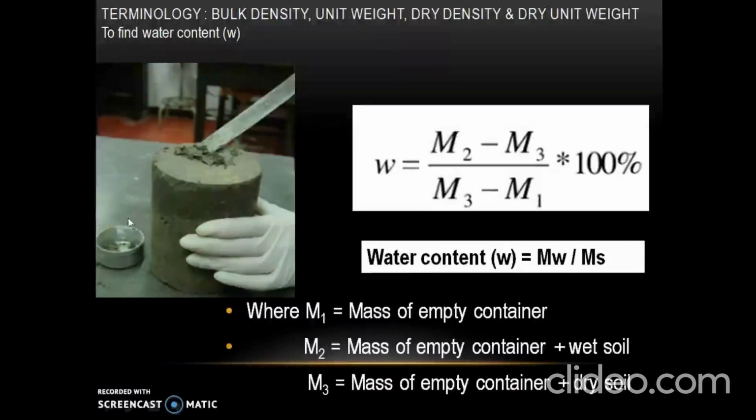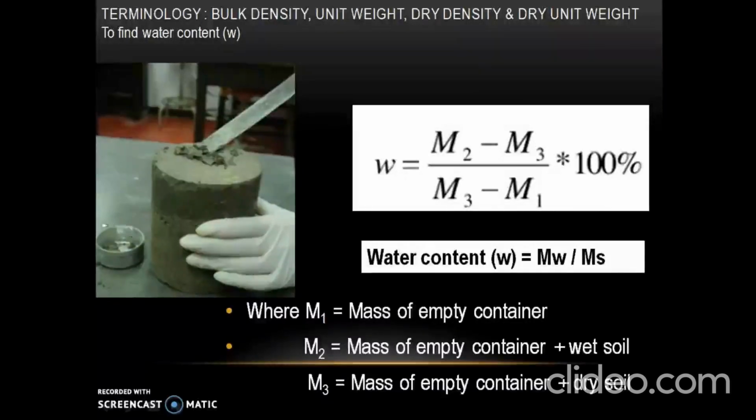This is the container which will be used to find the value of W. To begin with, container mass is noted down. Later on, wet soil sample is placed in the container. So, M2 is equal to mass of empty container plus wet soil.